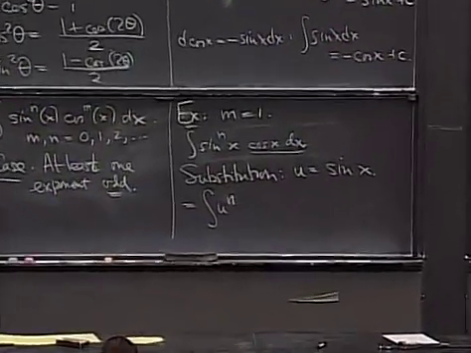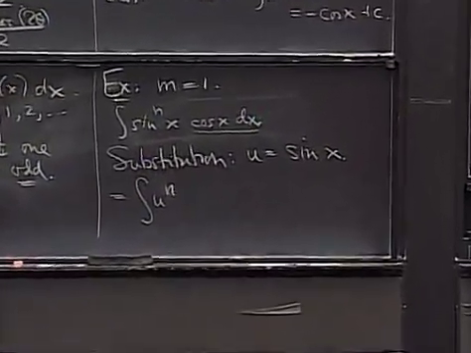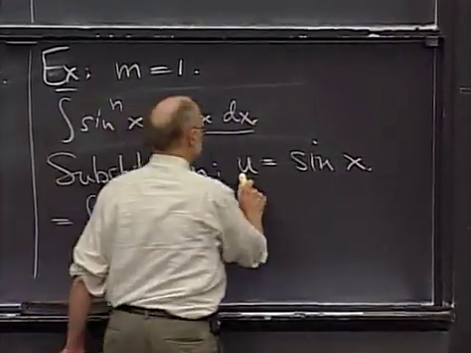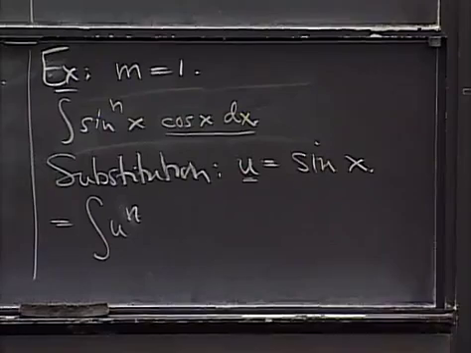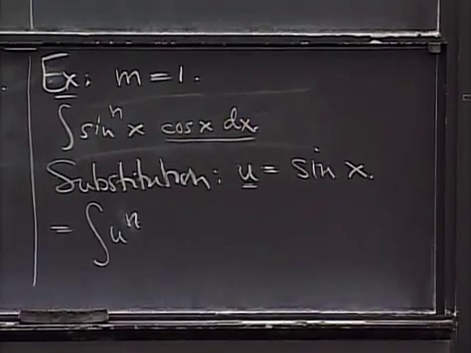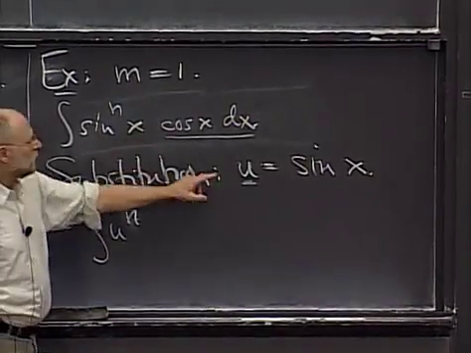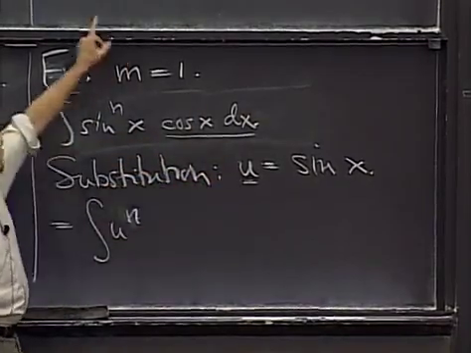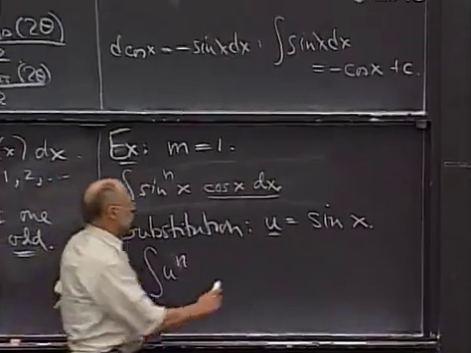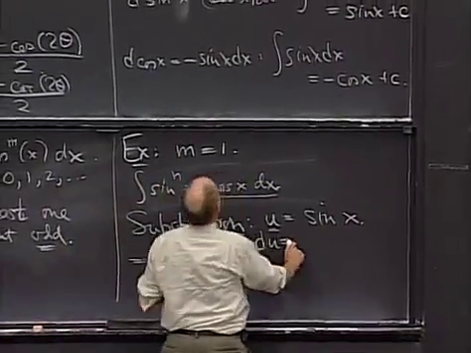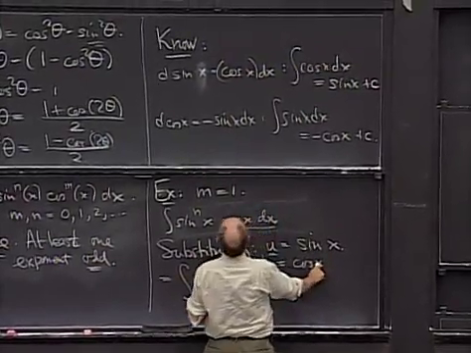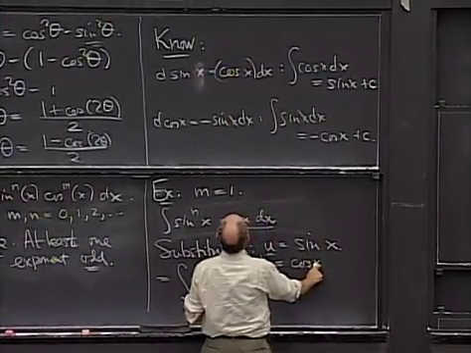When you make a substitution, you've got to go all the way and replace everything in the expression by things involving this new variable that I've introduced. So I'd better get rid of the cosine of x dx and rewrite it in terms of du, and I can do that because du, according to that formula, is the cosine of x dx.